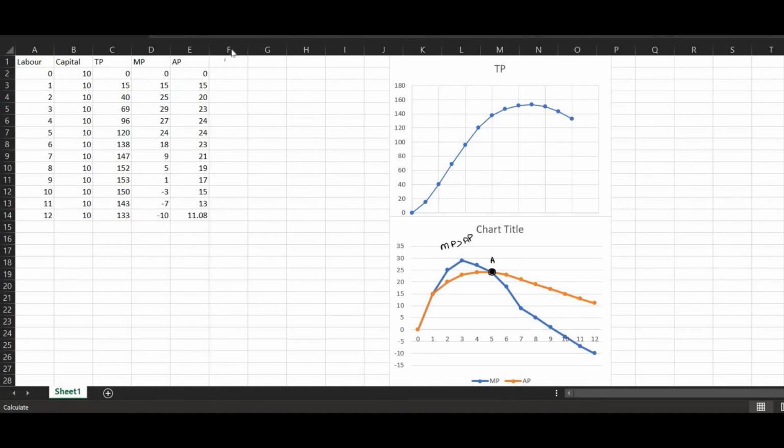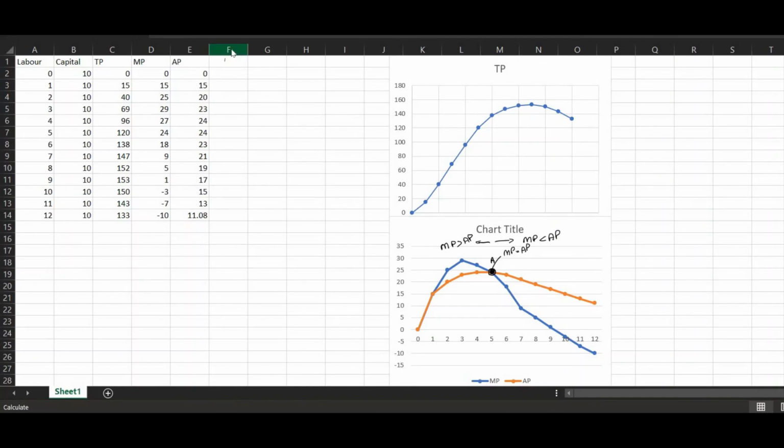And after this point, what has happened? On the left side this is happening, and on the right side the marginal productivity is less than the average productivity, and at this particular point the marginal productivity is equal to the average productivity. Right.